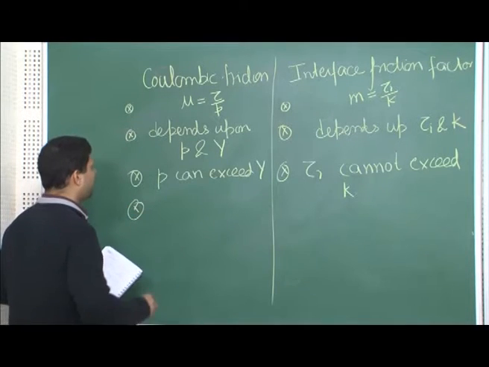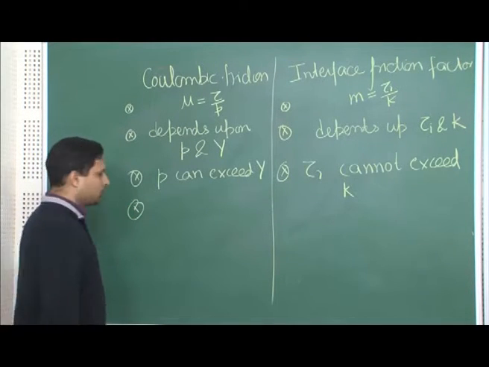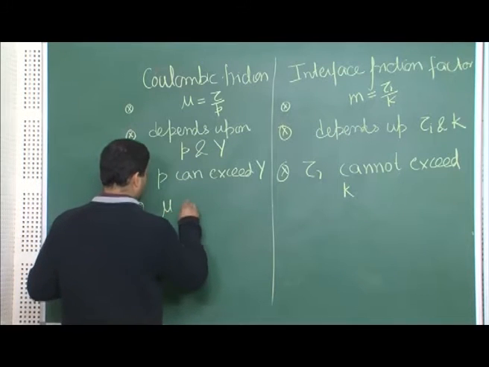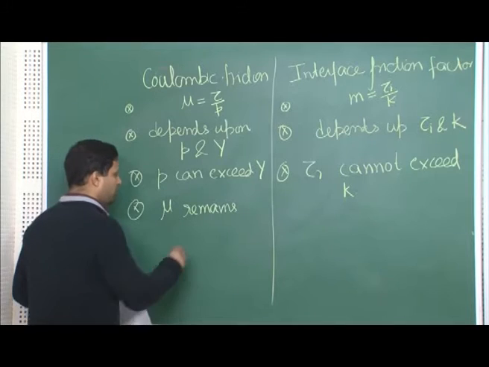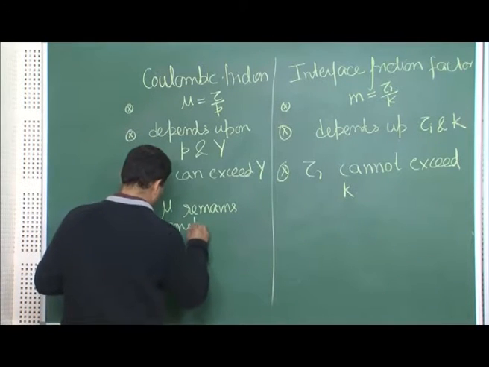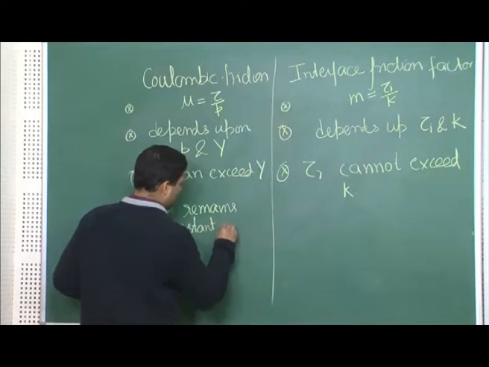Another important thing is that when we are talking about Coulombic friction, we assumed that mu remains constant at the interface.